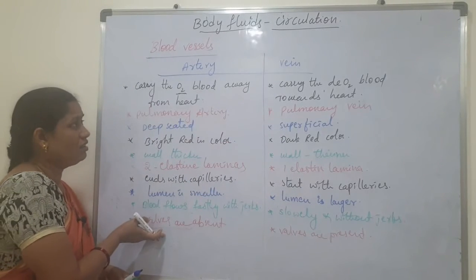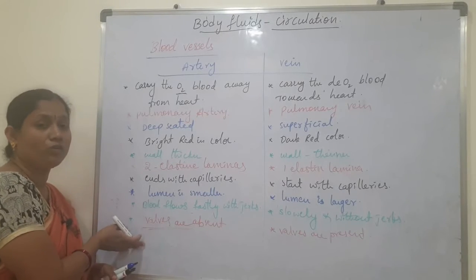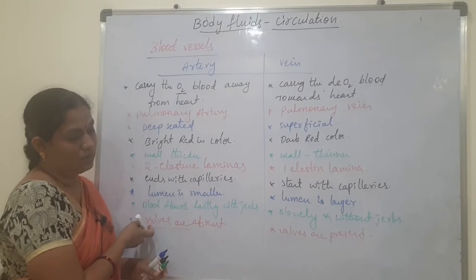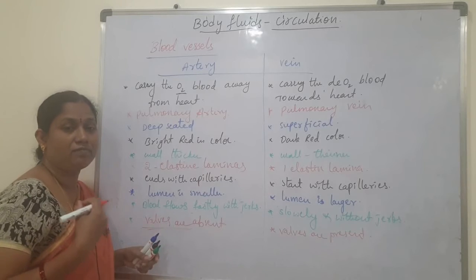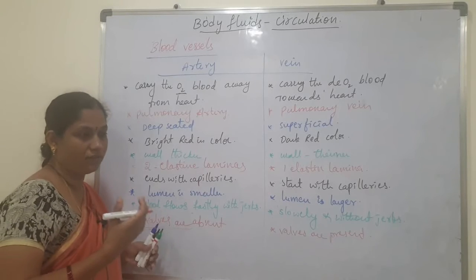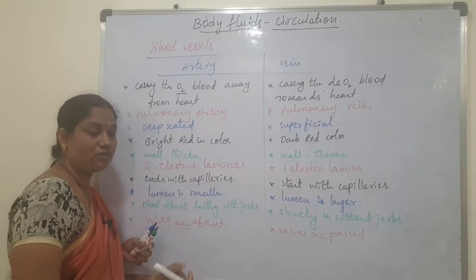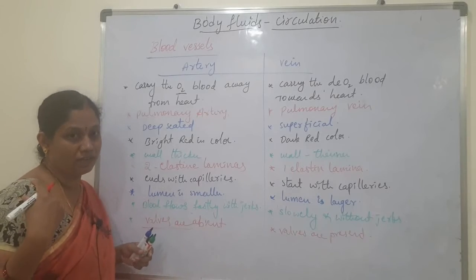In arteries, there is no need for valves, because the heart can pump the blood to different parts of the body very fast, with force. So the blood cannot flow in the backward direction.